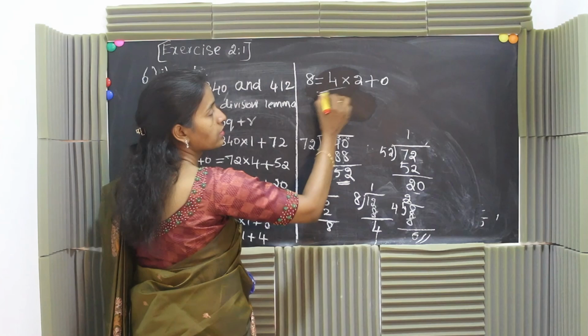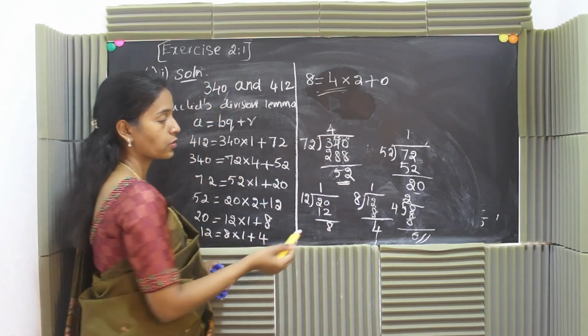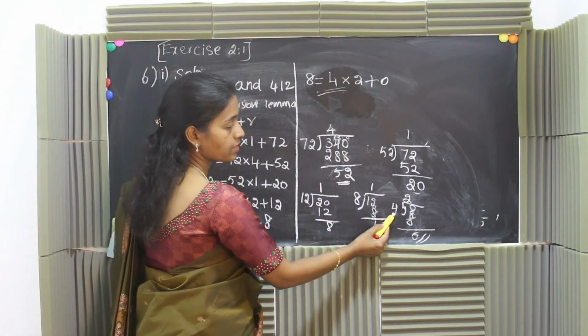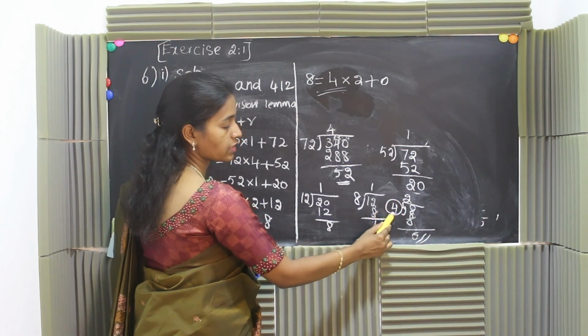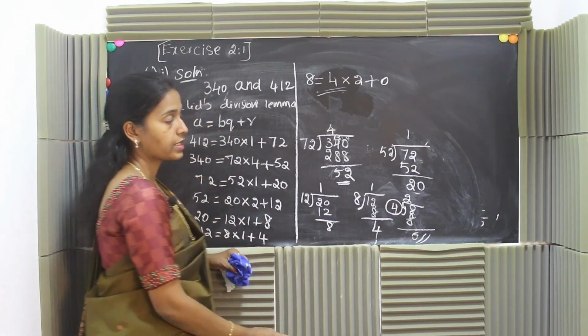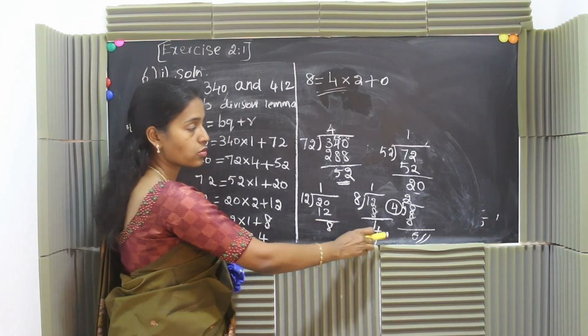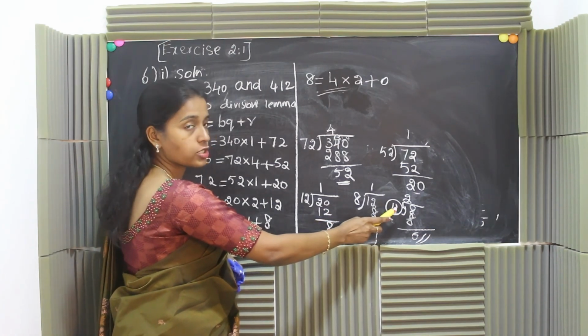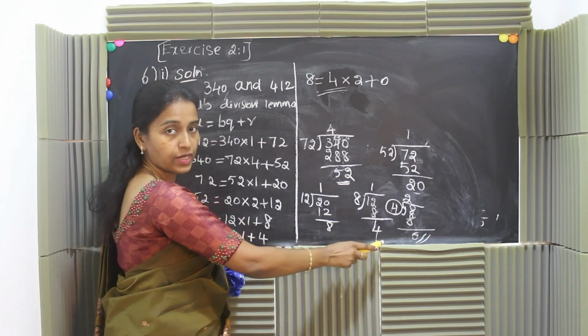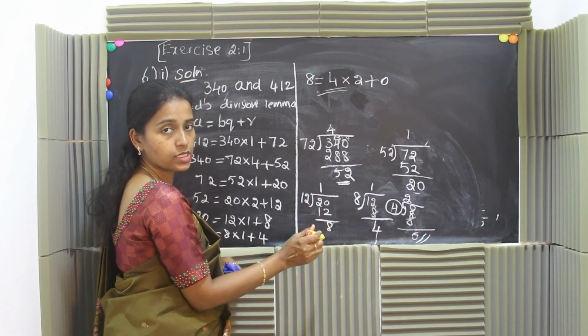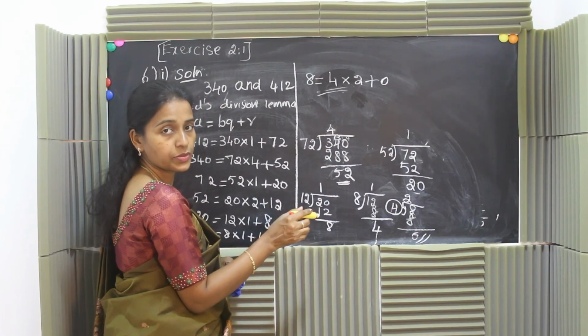This is the last step. So what is the answer? What is the value of HCF? 4, right? In this stage only we are getting the remainder 0. In this stage, the number we have as divisor is called HCF. That is the concept, right?